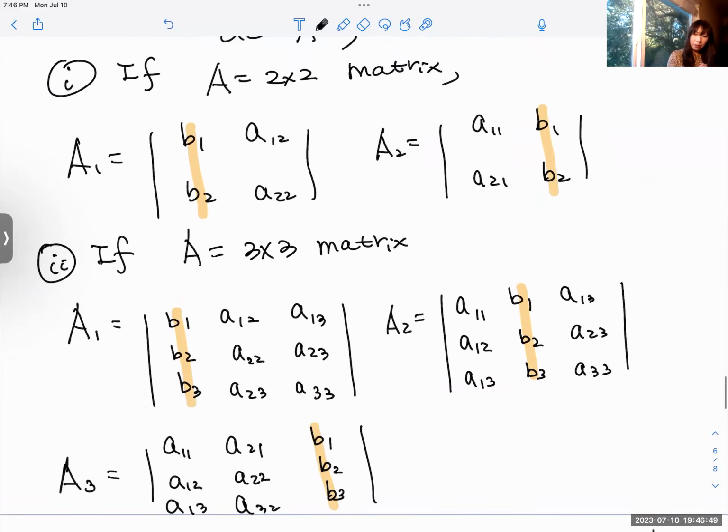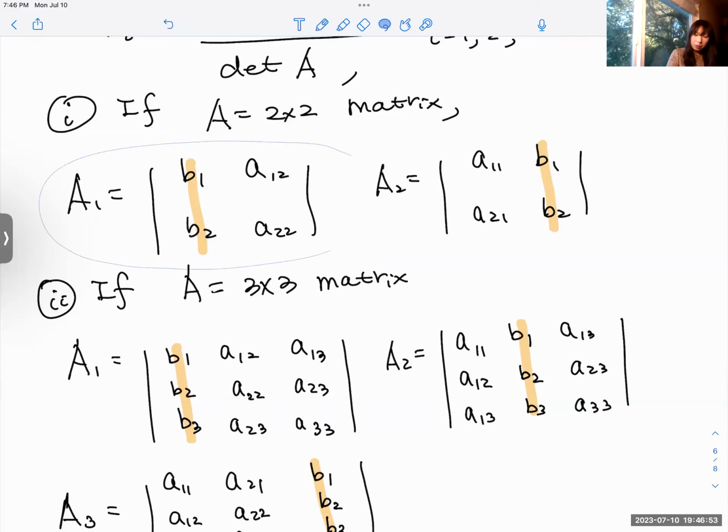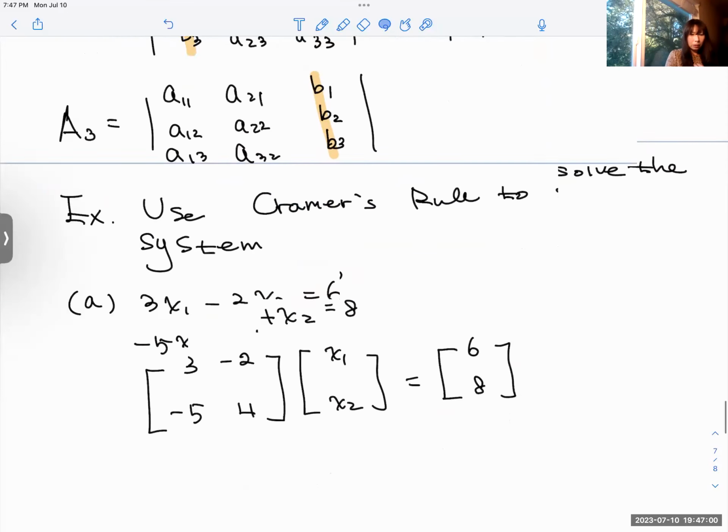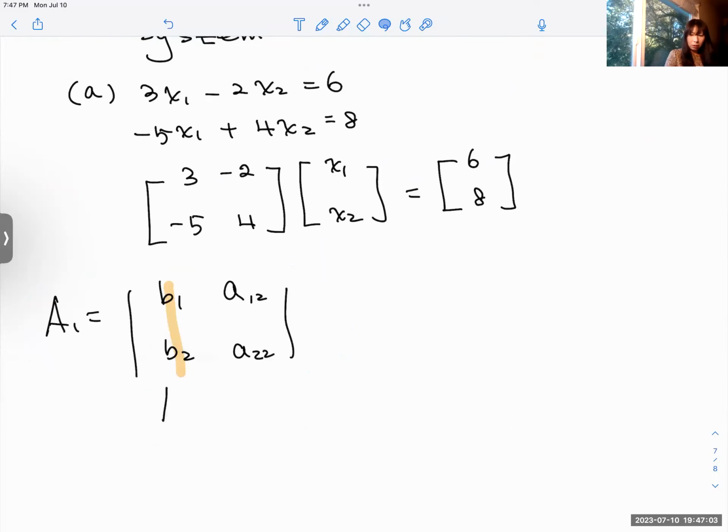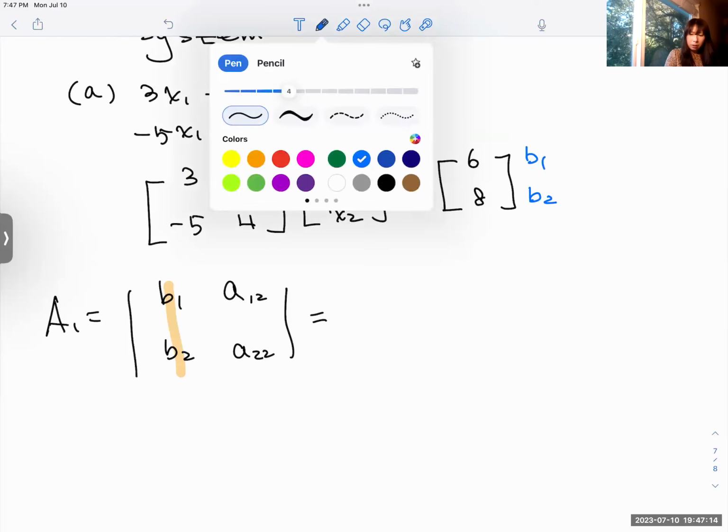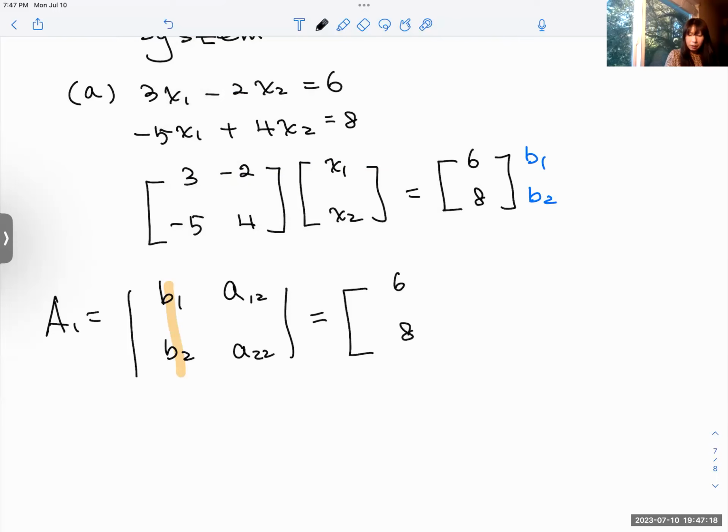Now this is B1, B2, so there will be 6 and 8 in the first column, and then A12, A22, and so on. So we make this 2 by 2.